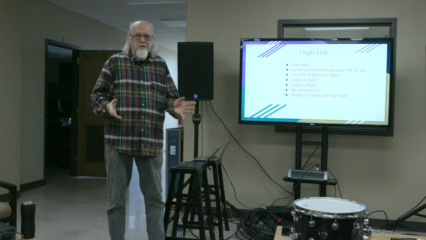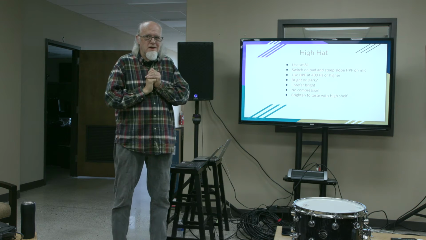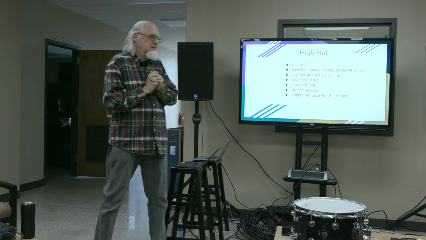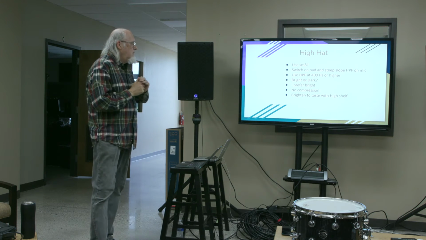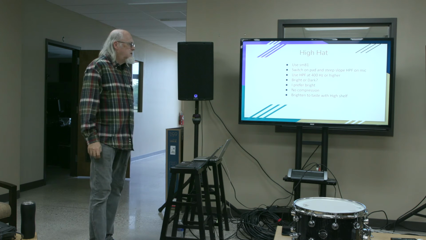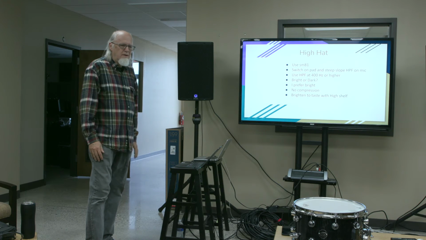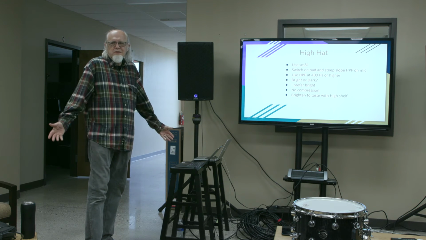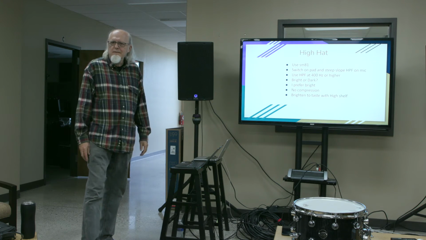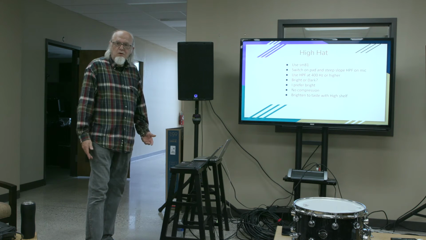It's almost as if they expected you to use this on hi-hats and drums. So switch on the pad and set a steep slope high-pass filter. That's just the way it'll be set. You guys probably won't have to think about it, but if something sounds off, go look at it.